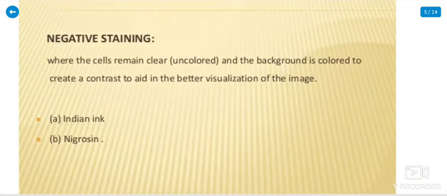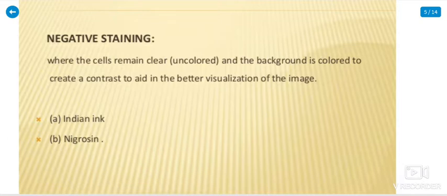The negative stain is where the cells remain clear, that means uncolored, and the background is colored to create contrast to aid in better visualization of the image.